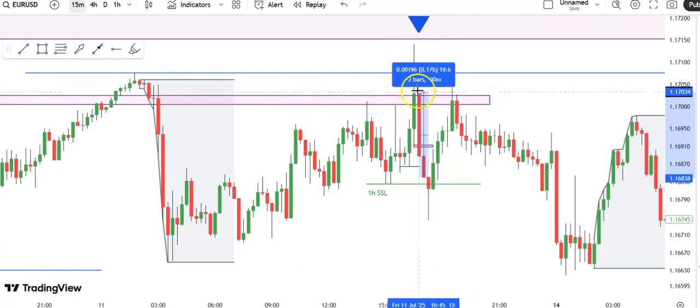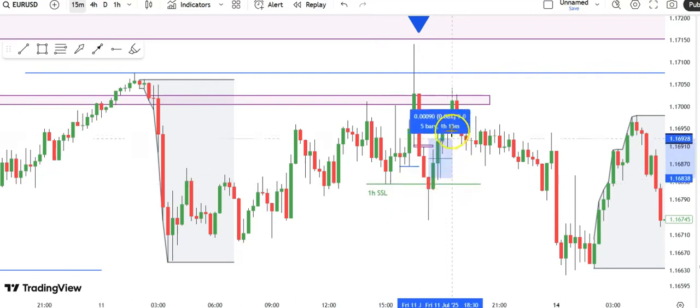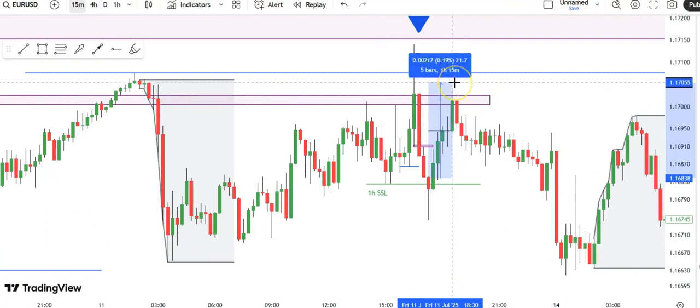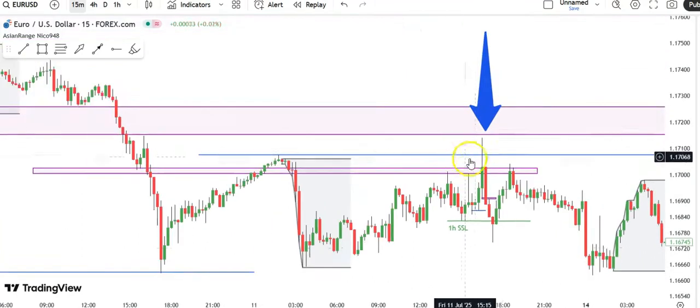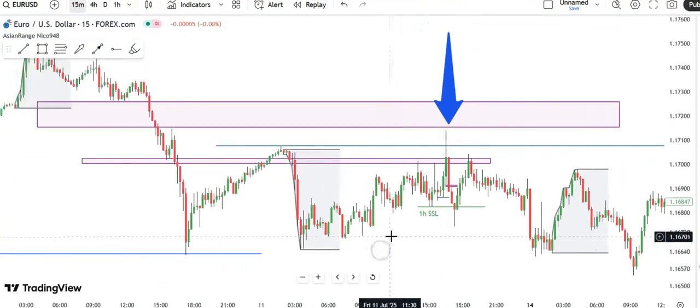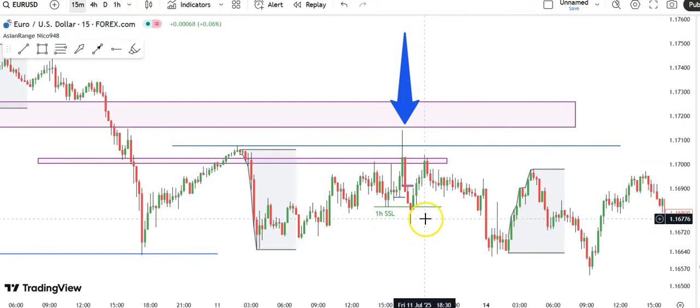So in this case, you would look for a short here against the 1 hour sell side liquidity level. This is a very low probability setup, and in most cases you will see price reversing heavily on those levels. And that's why you have to be really careful. You need to gain experience, you need to understand, and compare the higher time frames with the lower time frames in order to increase your win rate, in order to be more successful in the long term.